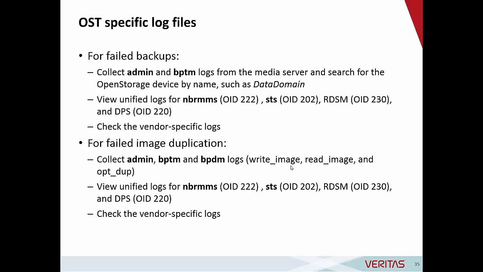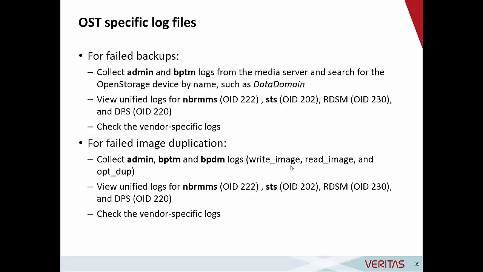When troubleshooting failed jobs on the NetBackup side, the admin and the BPTM logs can be very useful, and in many cases the plugins will kick information back to BPTM. So search for the name of the OST storage server, such as Data Domain in this example, to see if there's any messages captured in those logs. And you also might want to check out NBRMMS and STS and their subsystems for more information.